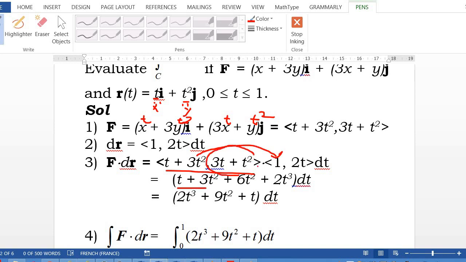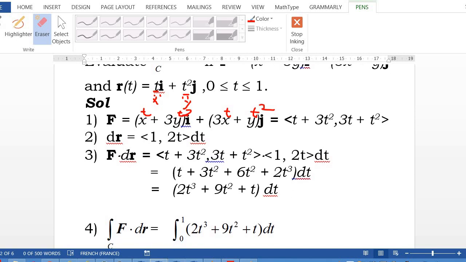Then 3t plus t squared multiplied with 2t gives 6t squared plus 2t cubed. That is how we do the dot product. Simplify it, we have in total 2t cubed plus 9t squared plus t dt.